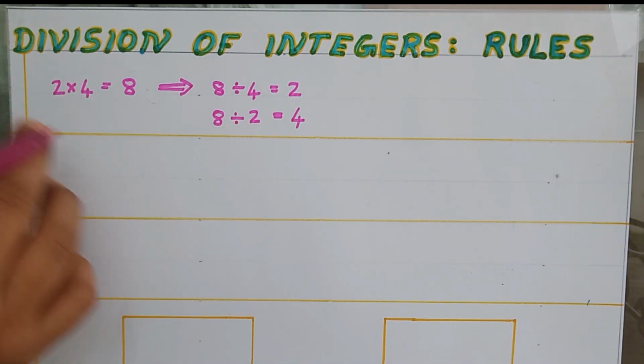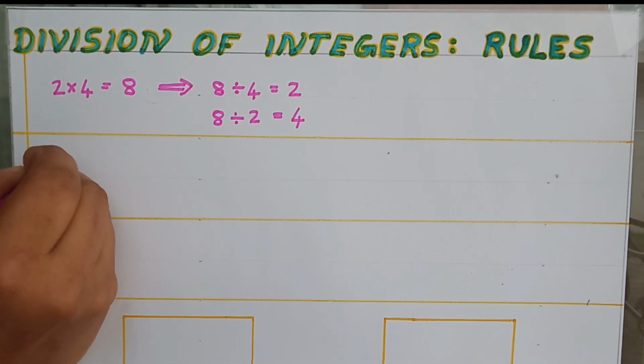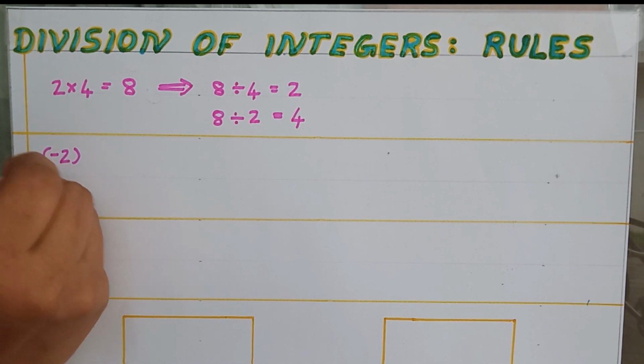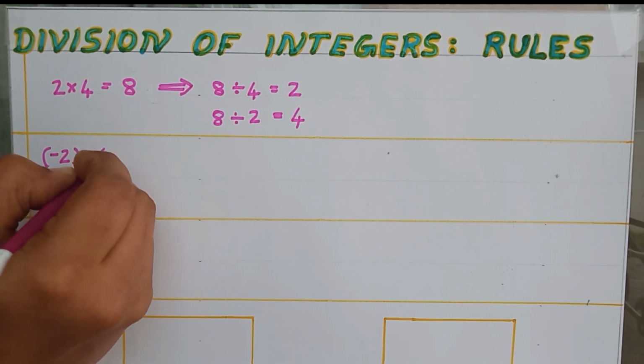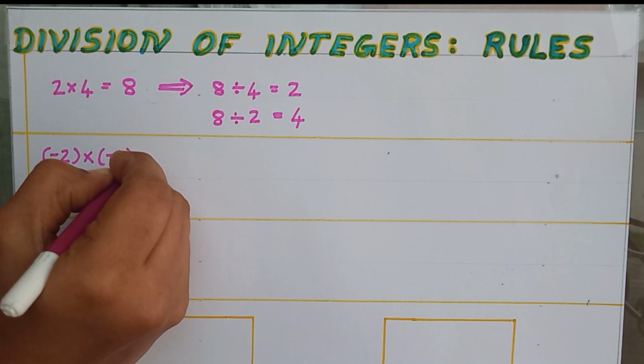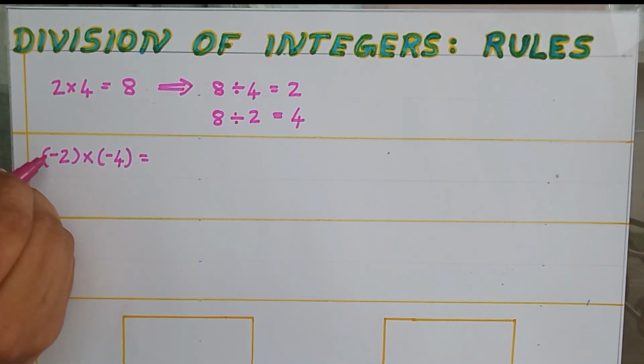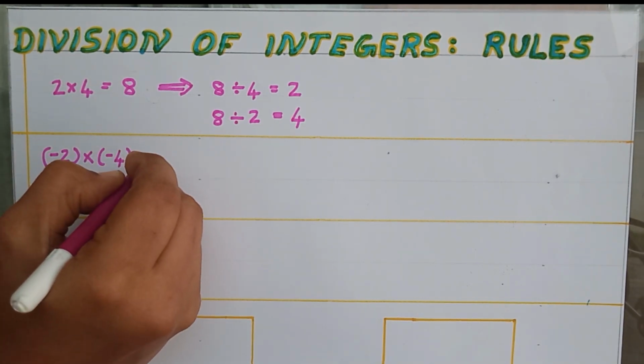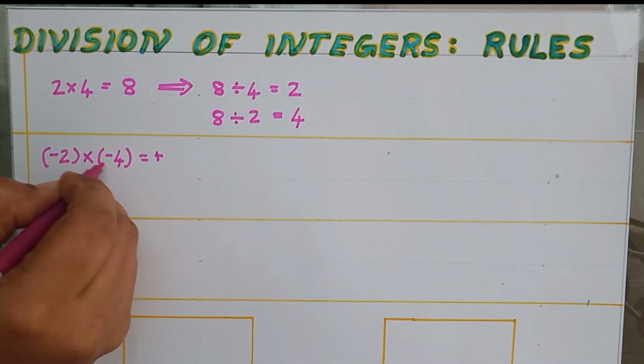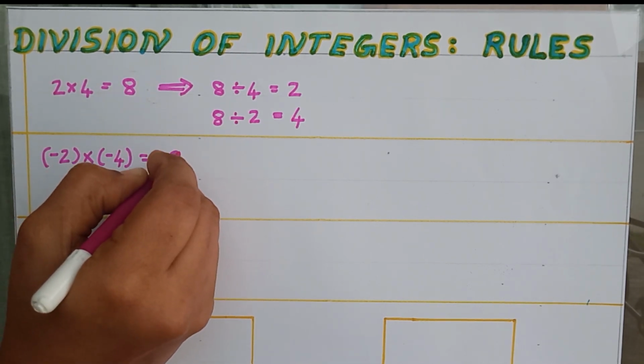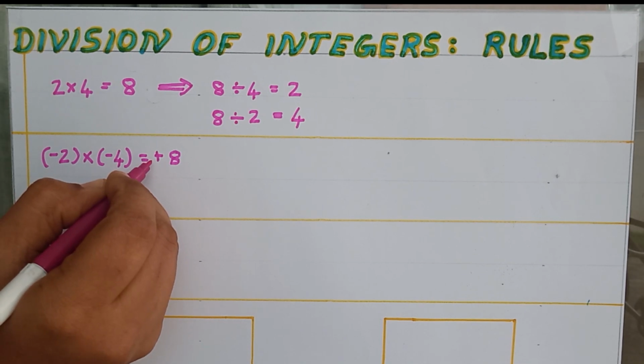Okay. Again, -2 into -4 equal to, what will be the answer? Minus into minus is plus. 4 into 2, 8. So answer is positive 8.